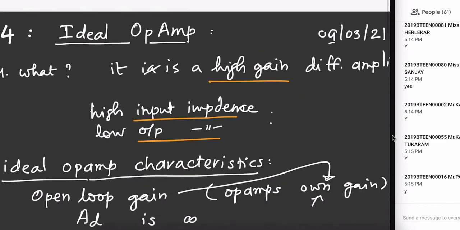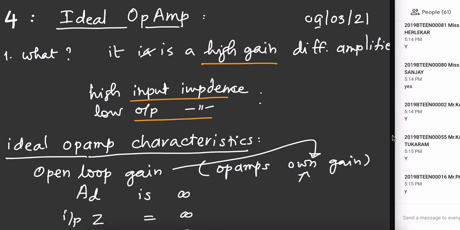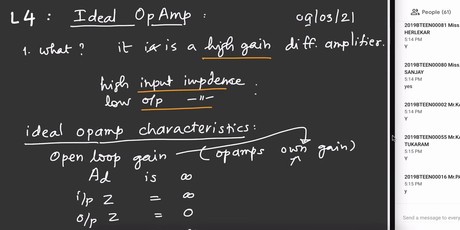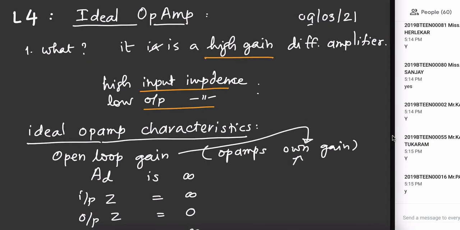So today we tried to understand the ideal op-amp. We started with what is an op-amp, and it is basically a high gain differential amplifier, and additional characteristics are high input impedance, low output impedance. Okay, so you may ask why this is there and why this is there.